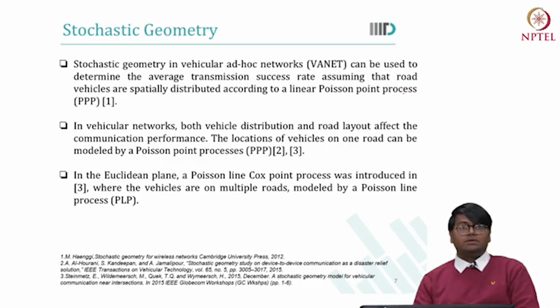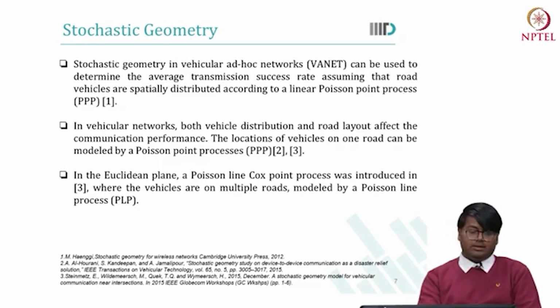It allows one to study the average behavior over many spatial realizations of a network whose nodes are assumed to be placed according to some probability distribution. This tool can be used to characterize the randomness in the spatial distribution of vehicles. More details can be found in this particular book by Martin Haenggi.